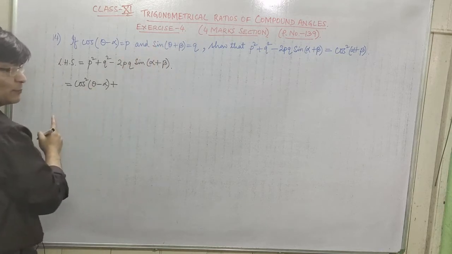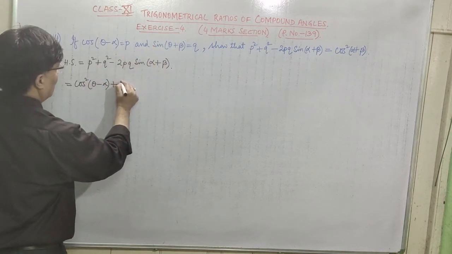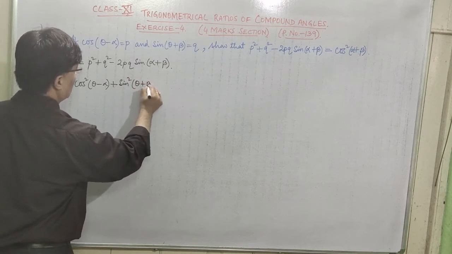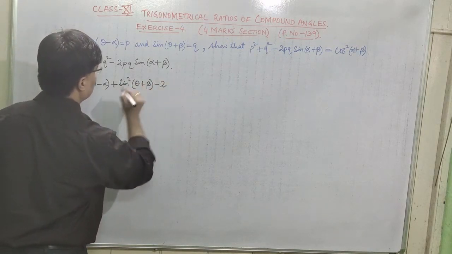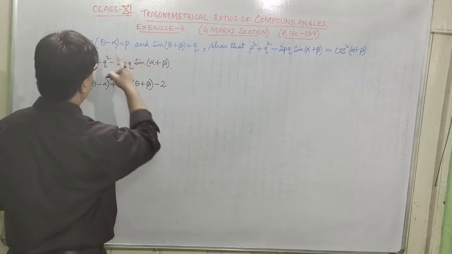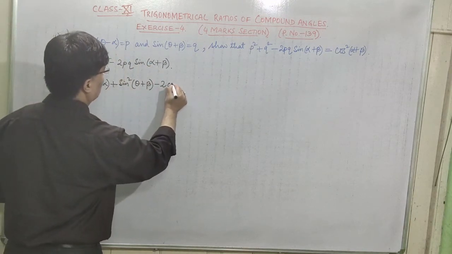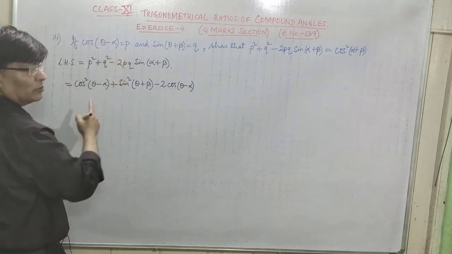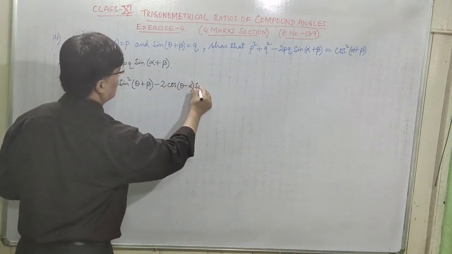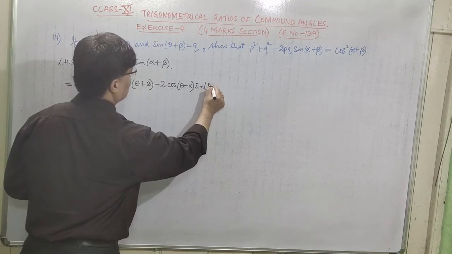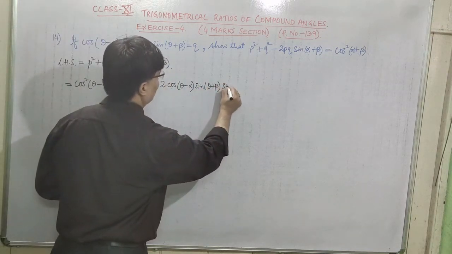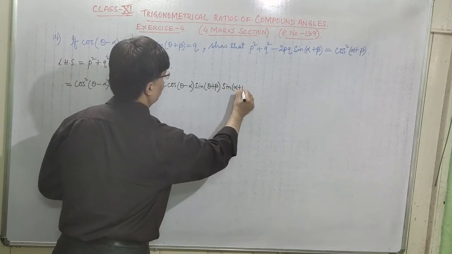Q is equal to sine of theta plus beta. What is q square? It is sine square theta plus beta minus 2 into, what is p? So let us put the value for p. It is cos of theta minus alpha. And what is q? It is sine of theta plus beta, and this is sine of alpha plus beta.